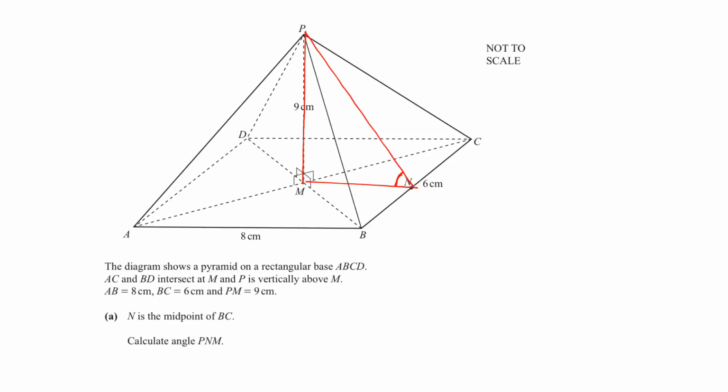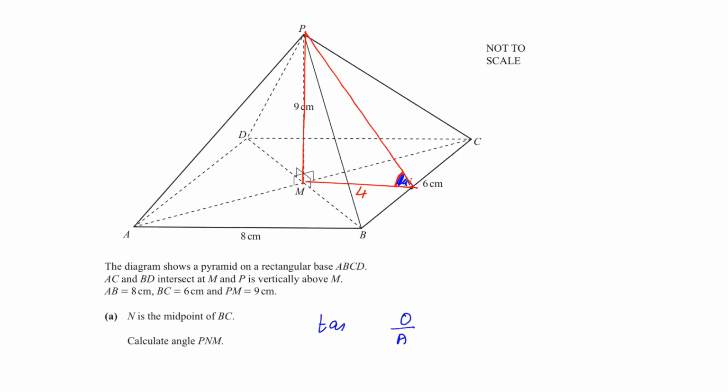For that, we'll use trigonometry, but we need two sides. One, PM is given to us. What about MN? MN is going to be 4. As this whole line here is 8, so therefore half of it is going to be 4. You have to find this angle. So you have the opposite and you have the adjacent.